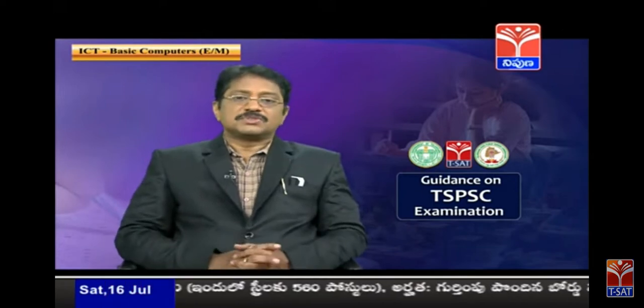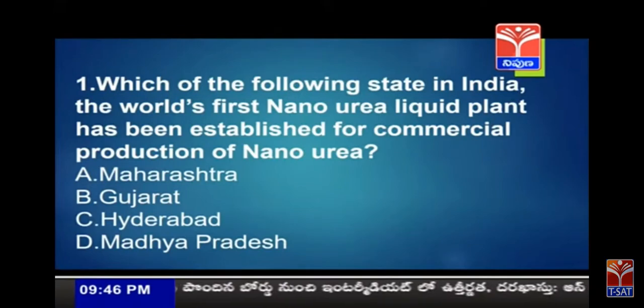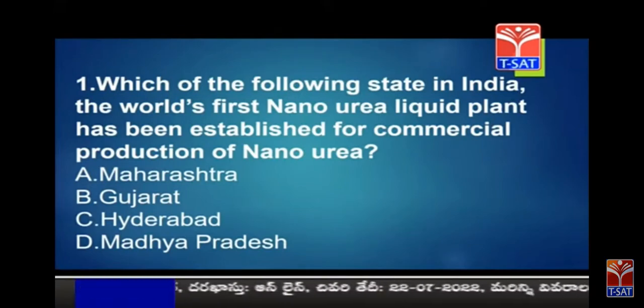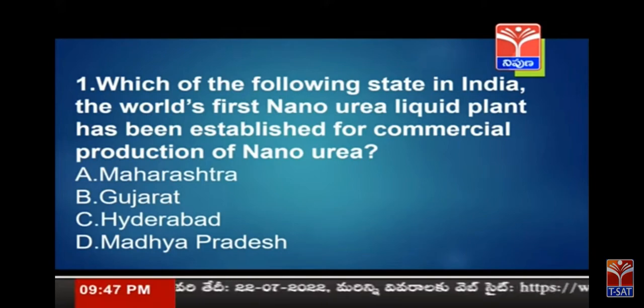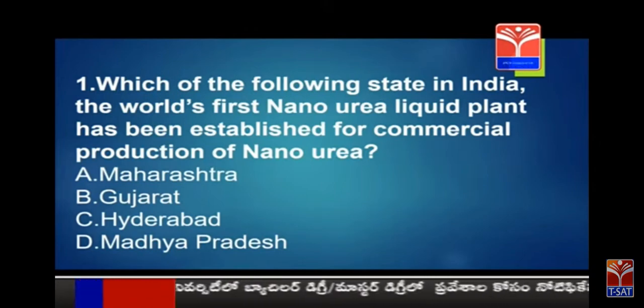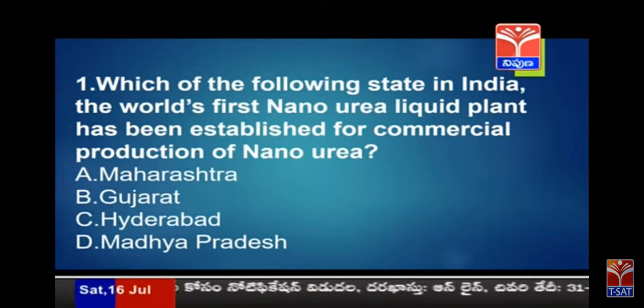Okay. Which of the following states in India has the world's first nano urea liquid plant been established for commercial production of nano urea? This question was given in the examination. The options are given: Maharashtra, Gujarat, Hyderabad, Madhya Pradesh.